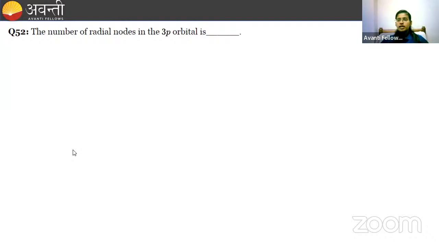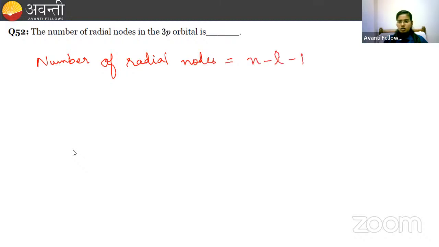Now moving on to the next question, question number 52. The number of radial nodes in the 3p orbital is. The total number of radial nodes can be calculated using one formula: number of radial nodes is equal to n minus L minus 1, where n is the principal quantum number, or the shell number.